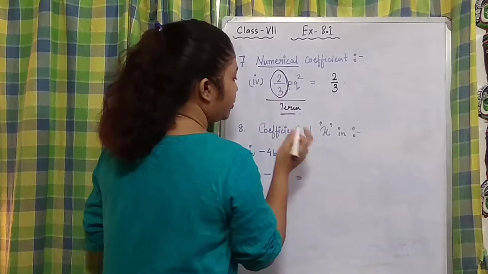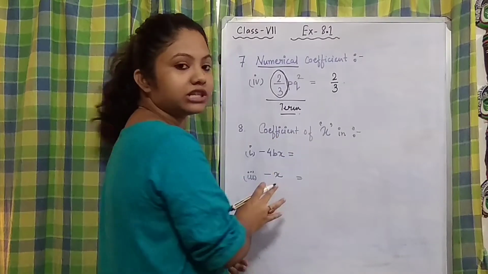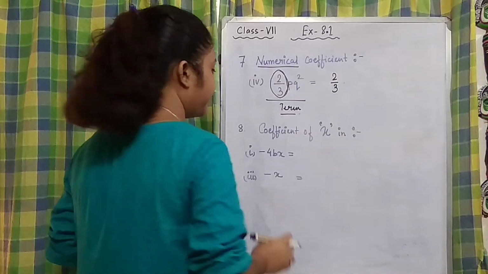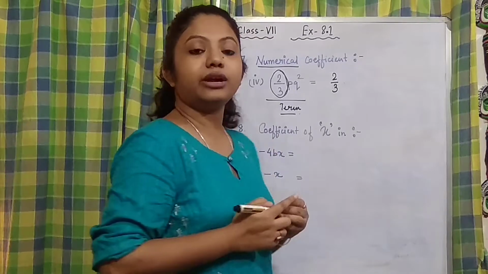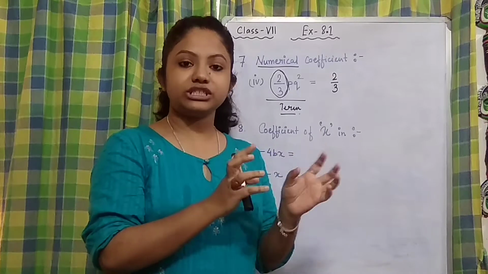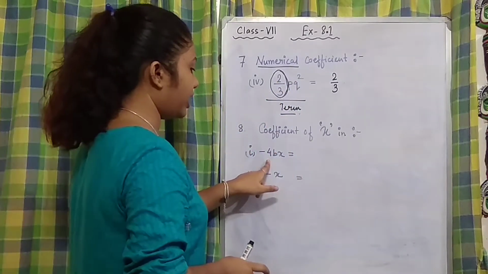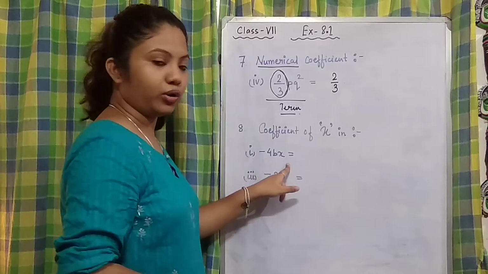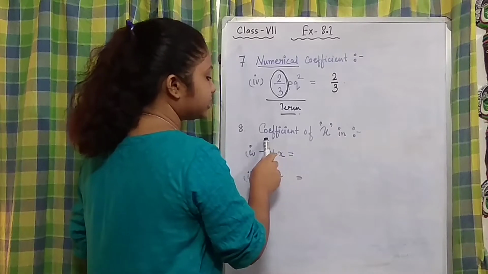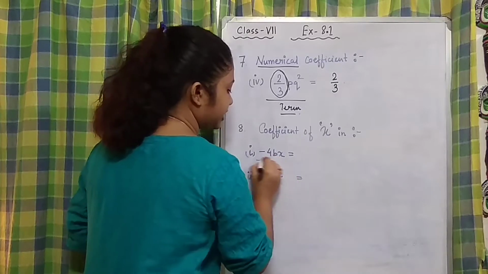Here you have been asked the coefficient of x in two terms given in both of the sums. Now, when we were studying the coefficient, we already said what kind of numbers they are. Suppose this is minus 4bx. If they have asked the coefficient of x from this term, this is a term itself.